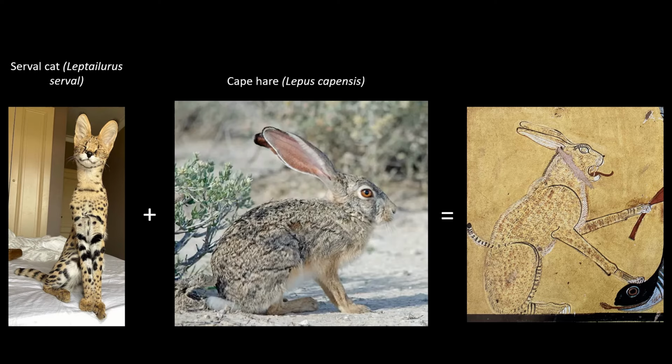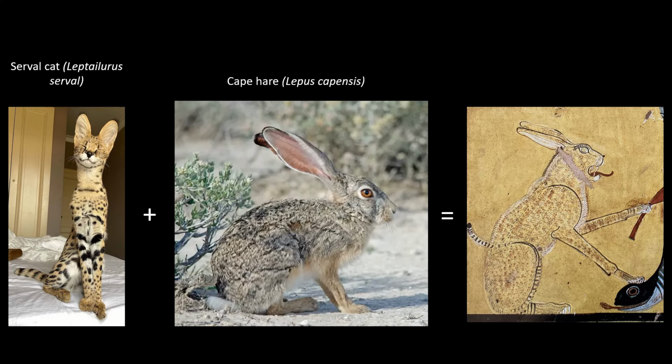And of course, we see that the length of the serval's ears are especially long, aspiring to reach the length of a hare's ears. There are additional physiological and behavioral similarities between the serval cat and the cape hare that are abundant and which would make this hybridization harmonious.